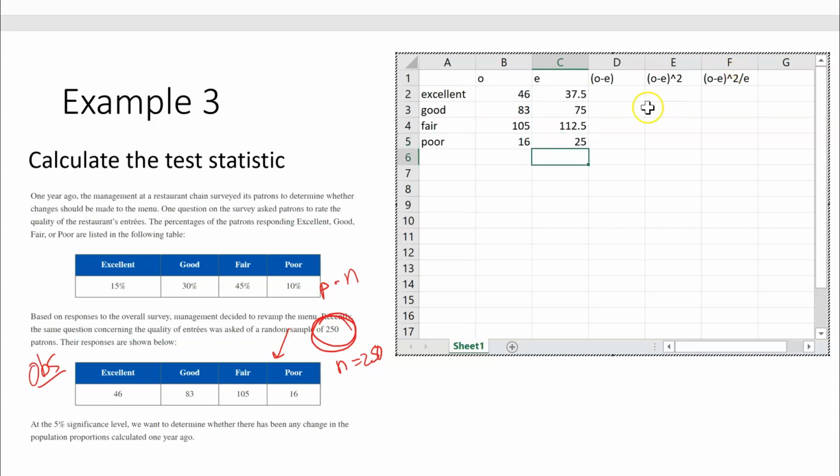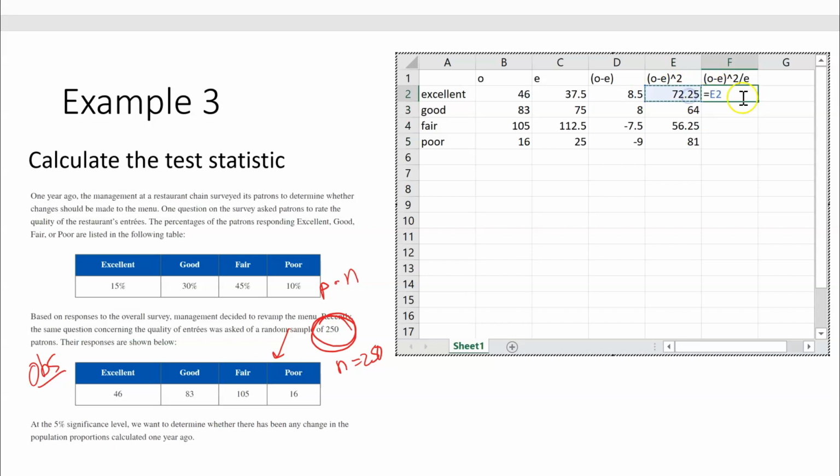All right, and now we can just let Excel do its magic. Observed minus expected, and then drag it down. Let's pause here and make sure everything in this column is greater than 5. We're all good, so we'll keep going. This, we want to square. Drag that down.